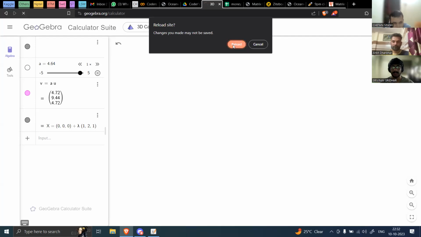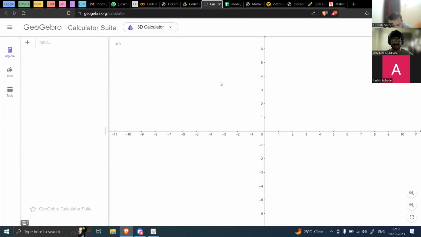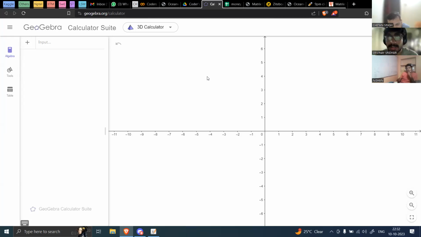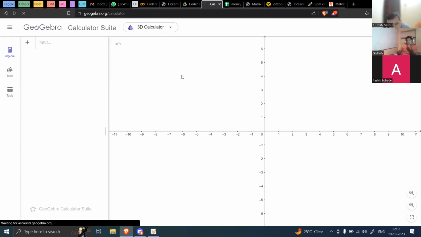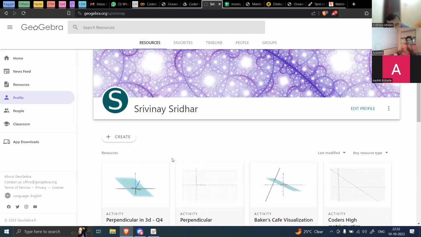Sorry. Just give me a second. How did we get to 2D? Just click on GeoGebra. That will lead to your home. Yeah, but this one wasn't saved at all. Oh, sorry. I was hoping it's saved. If it's not saved, maybe you have to start from the beginning. Yeah, I guess that is gone. It is not because of delay or hanging, only because of the reloading of the site. My bad. Yep, cache is gone.